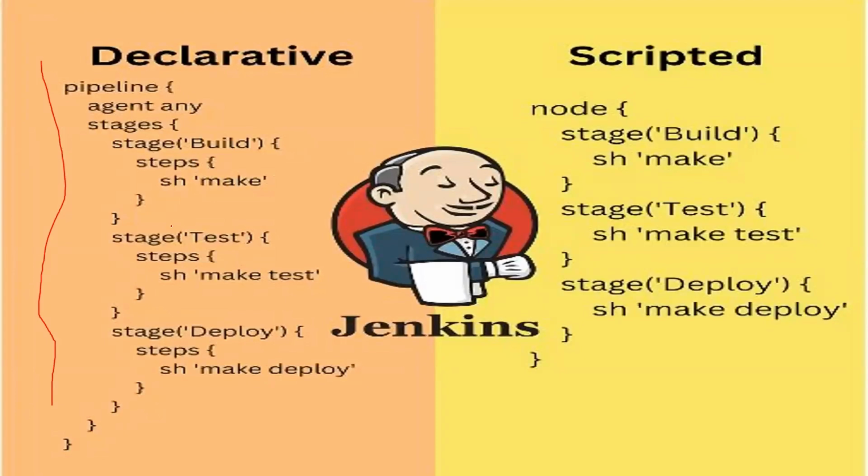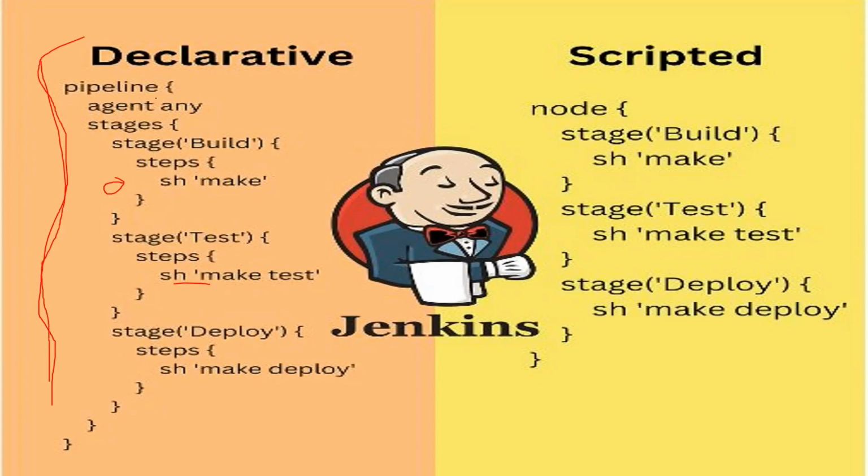You write the code, whatever the things, the dependency. If you are using shell scripting, your SH or any other scripting, you can write PowerShell scripting. You can use any scripting you can add here, and you can automate the task. So this is an open source automation. This is declarative pipeline. Let's say you don't want libraries of Jenkins, you can use declarative.